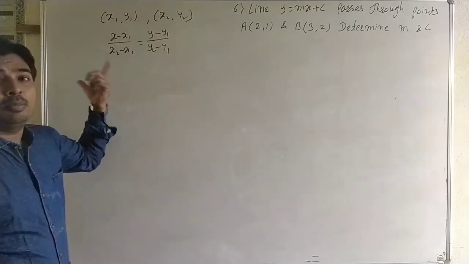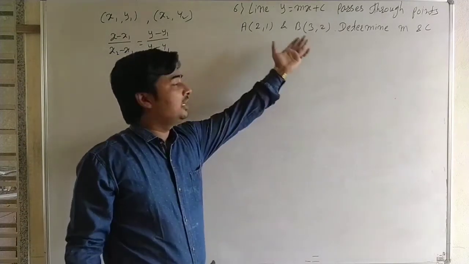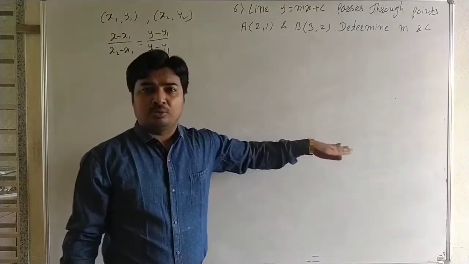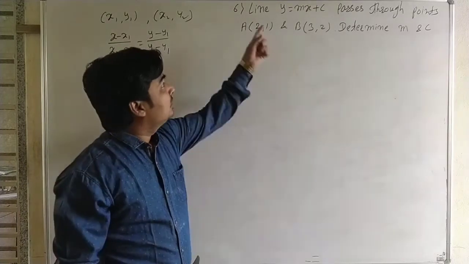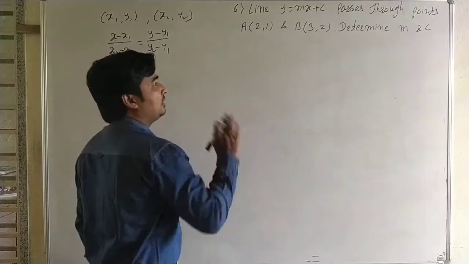Here the 2 given points are x1, y1 and x2, y2. We find the equation of line in the general form, then we reduce this equation to y-intercept form and then write m and c.